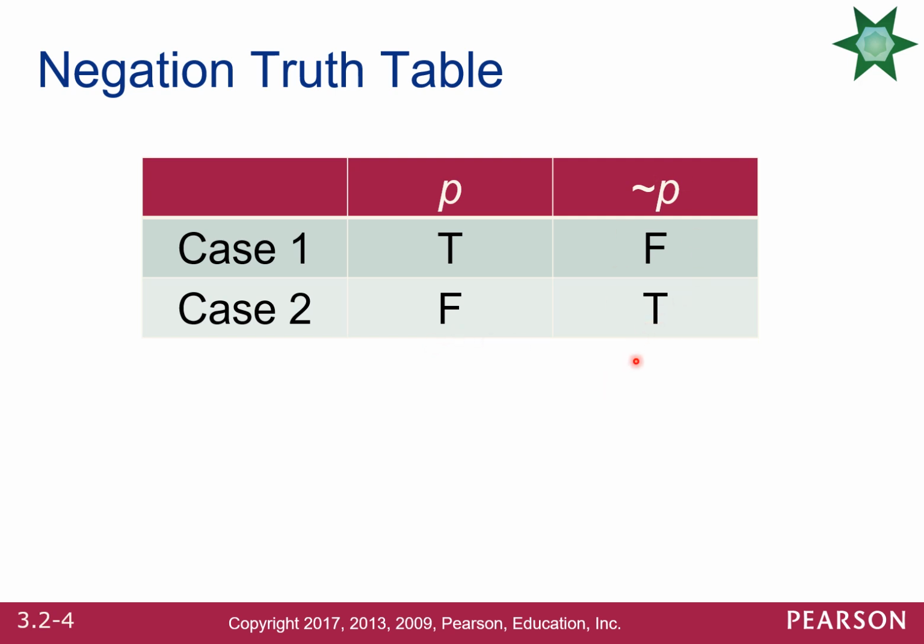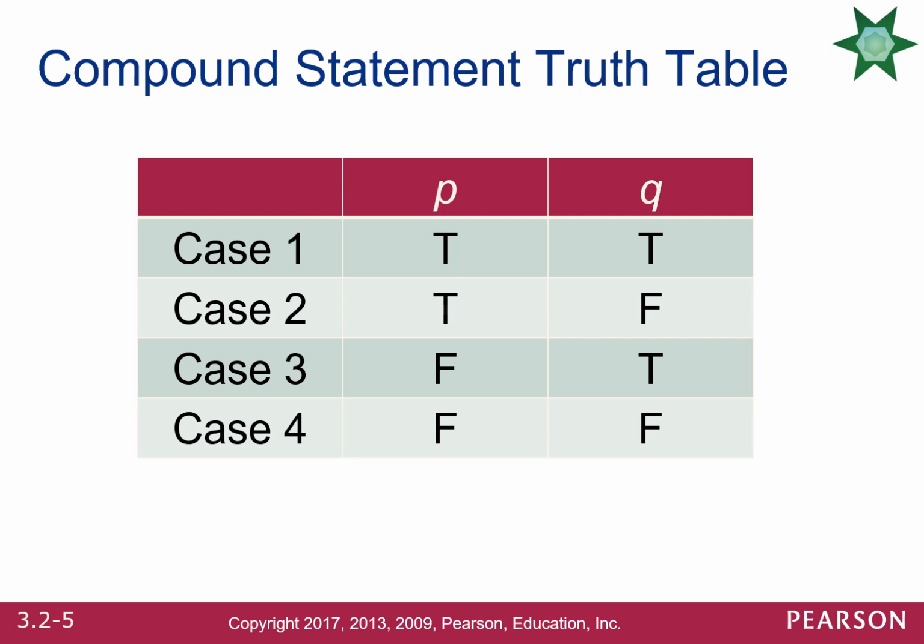Before we go into constructing truth tables for compound statements, we have to consider all possible cases of whether each of these statements can be true or false. All right, and then we will come up with the conclusion whether the entire compound statement is true or false. So when we work with two statements, P and Q in this case, there are four possible cases that can happen.